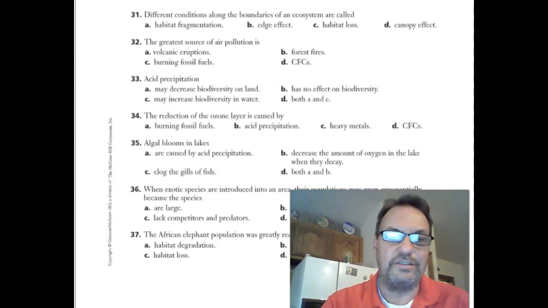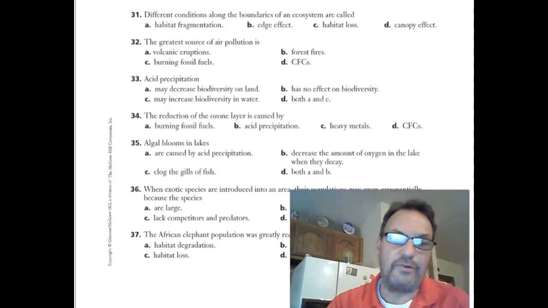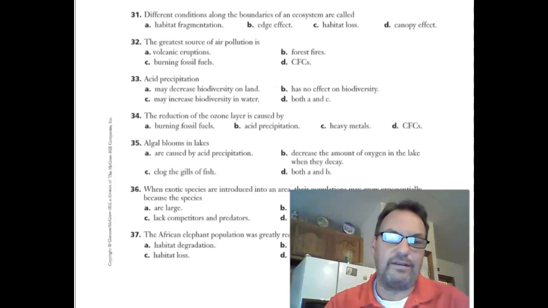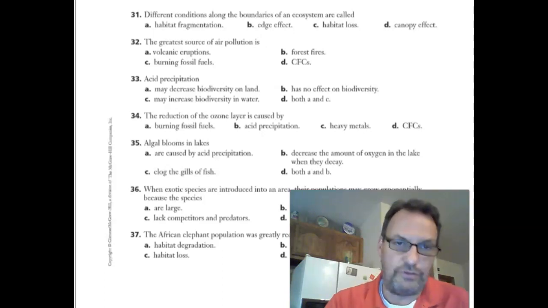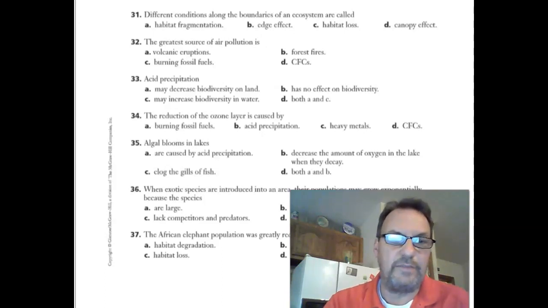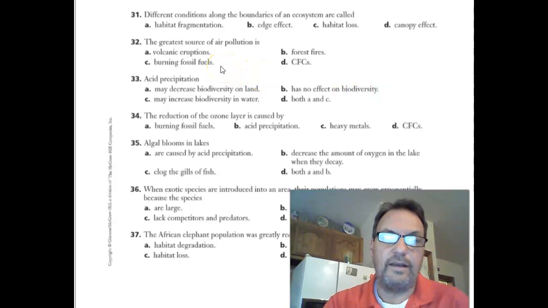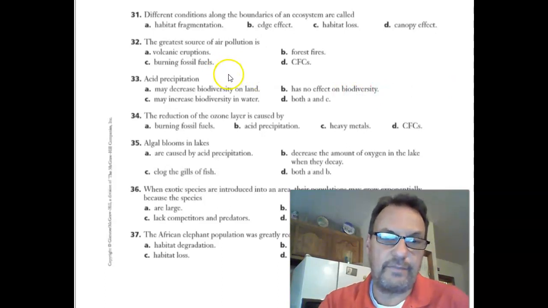With this addition of cars, of course, they are a lot more environmentally friendly, if you want to say that, as opposed to the cars that we had in the past. But the burning of fossil fuels, those are the things that have created the greatest source of air pollution. So the correct answer in this one is burning fossil fuels, C.